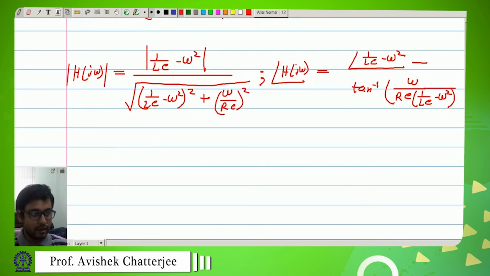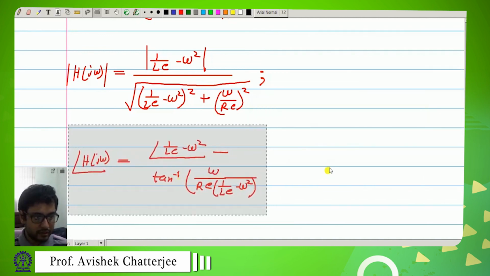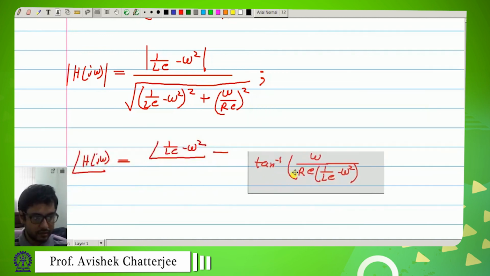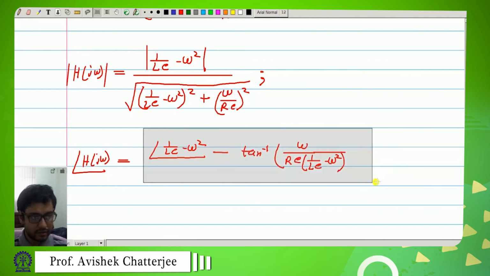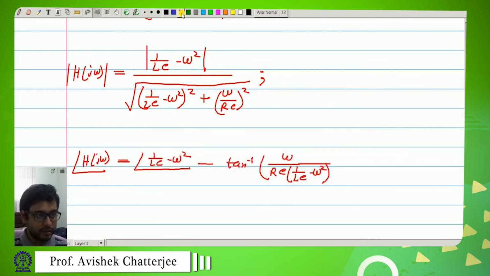Let me write it cleanly. Please check my calculation. Now you can put different values of omega starting from 0 to infinity and minus infinity, get this angle and this magnitude for different values of omega and plot them as a graph.